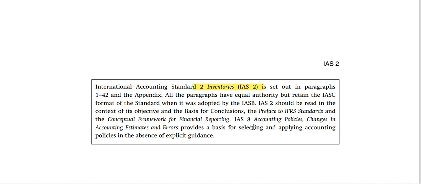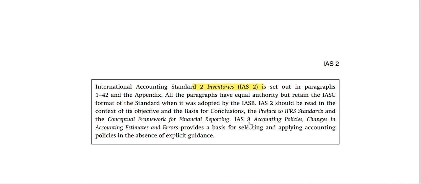International Accounting Standard 8, Accounting Policies, Changes in Accounting Estimates and Errors, provides a basis for selecting and applying accounting policies in the absence of explicit guidance. So now let's say there is an error in the recognition of inventory, then you need to apply International Accounting Standard 8.